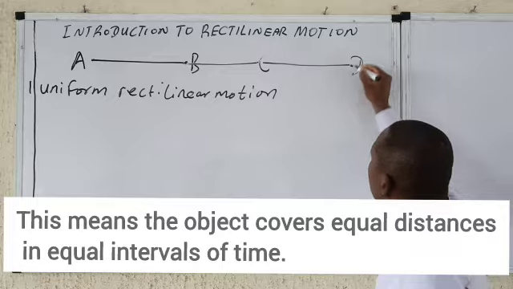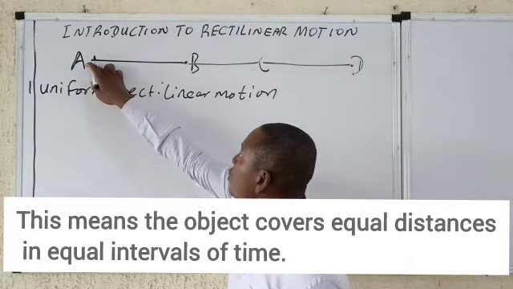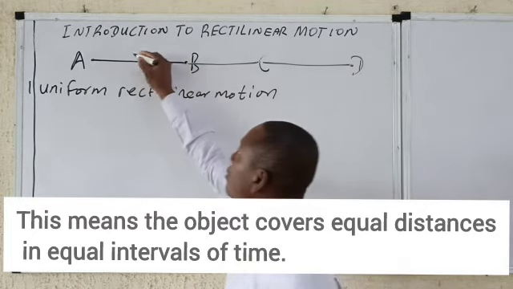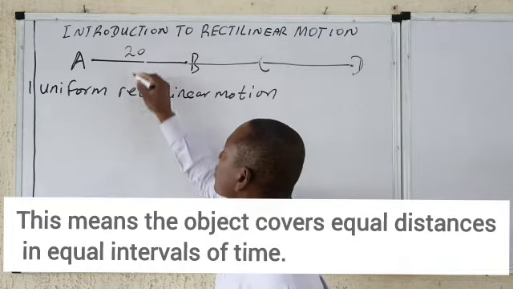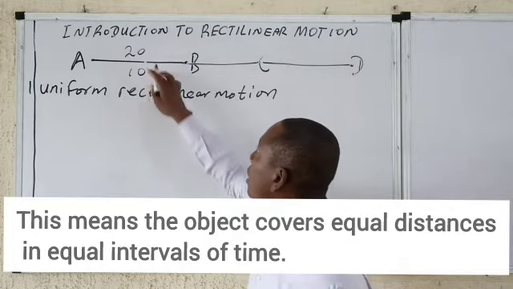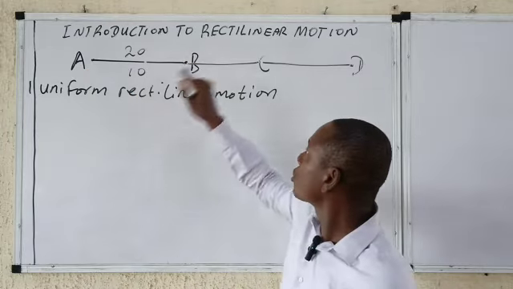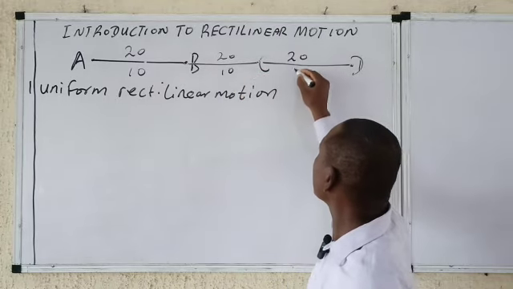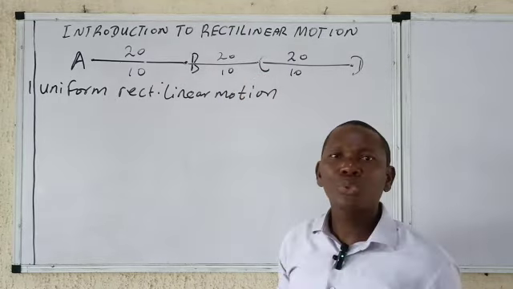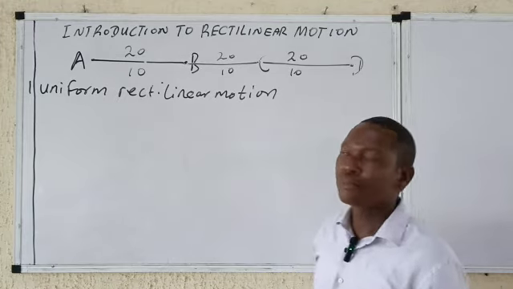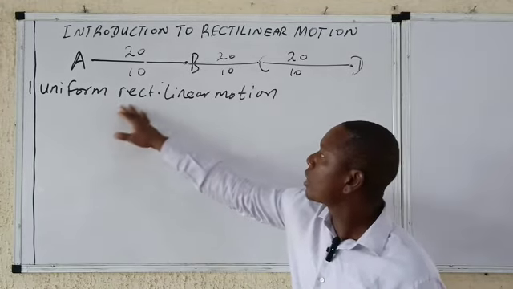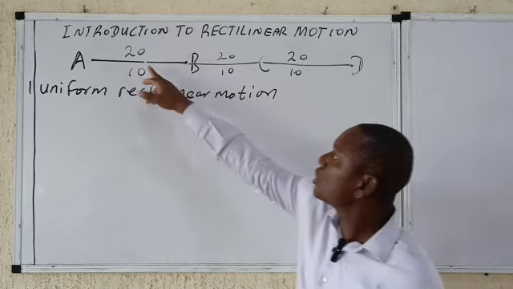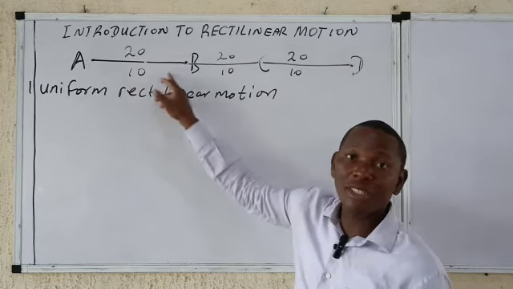D. Let's assume that this distance is 20 meters. It moves from this point to this point in 10 seconds. It moves another 20 meters again in 10 seconds. Another 20 meters again in what? 10 seconds. So you realize that it's a uniform rectilinear motion, because it's moving equal distance at equal time intervals.